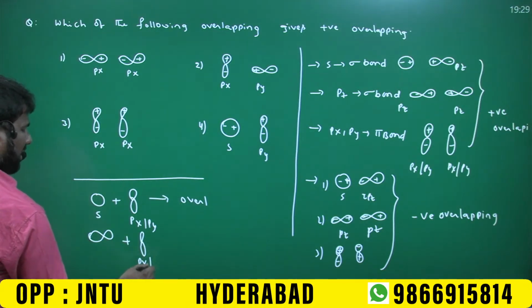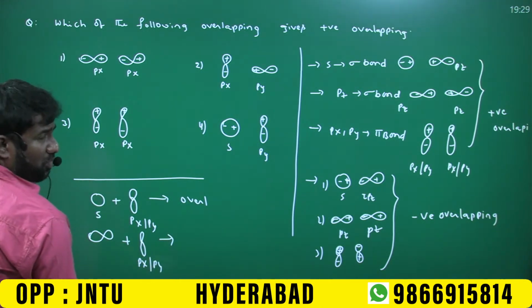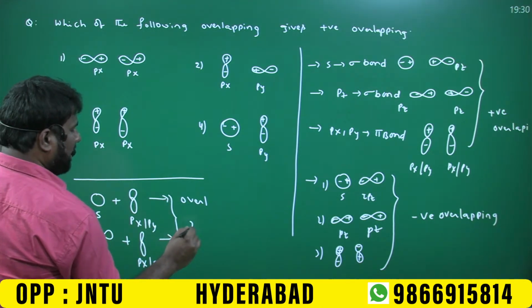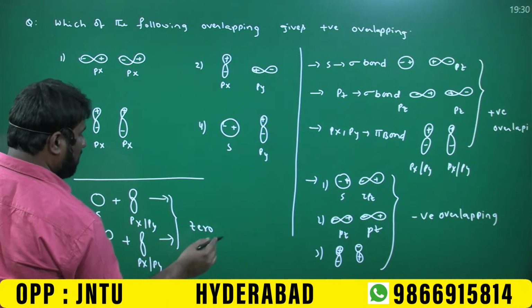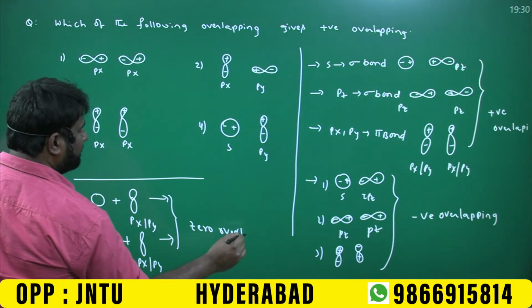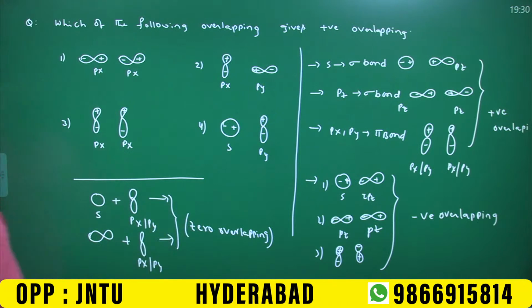This is along the axis, this is perpendicular to the axis. Can it give any overlapping? No. These two are zero overlapping. So now what will be the answer for the question? C. Right.